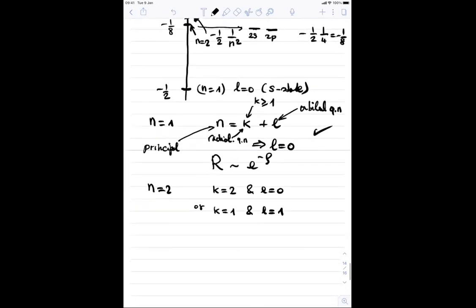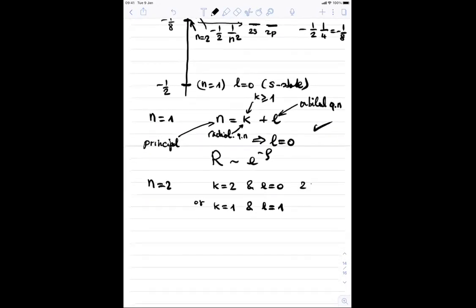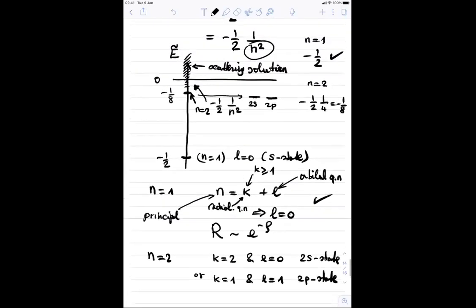You see, this is the 2S state, and this is the 2P state. They are degenerate, so I draw them at the same energy. In fact, the 2P is not a single state, it's 3 of them, right? So the structure of the spectrum is in fact even slightly more complex.